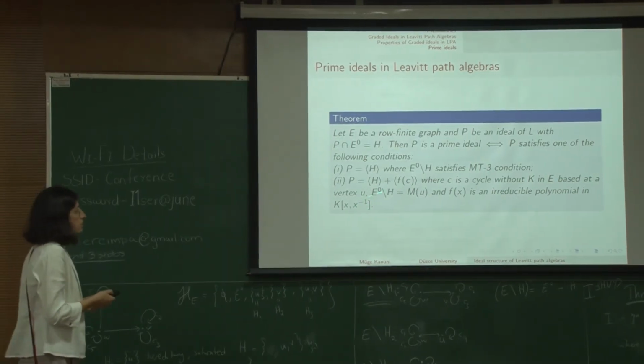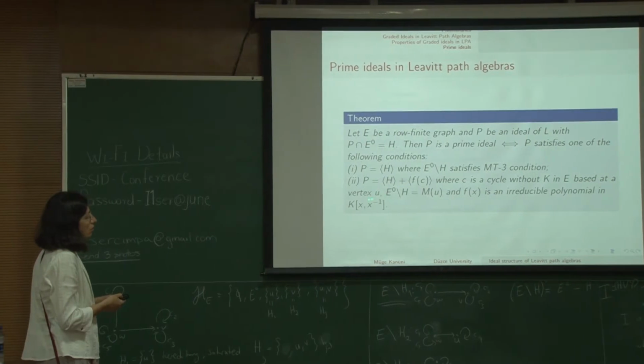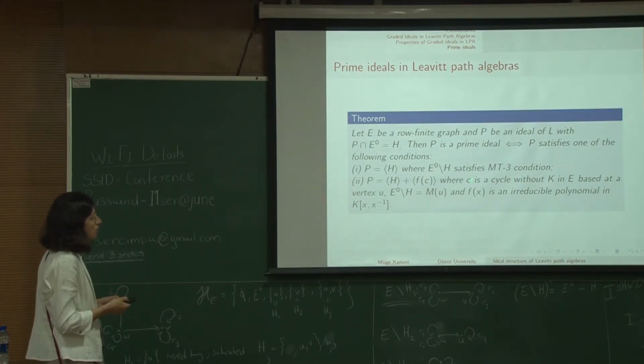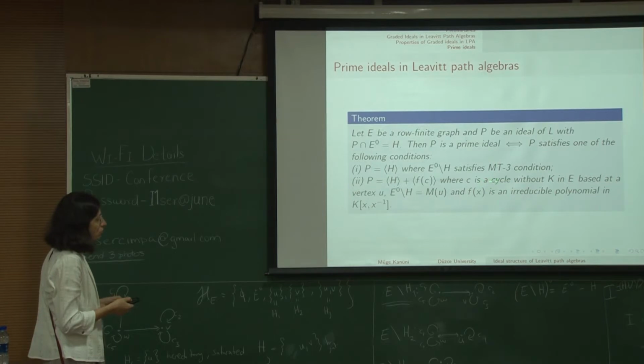Moreover, we want the quotient graph, the set of vertices of the quotient graph E^0 minus H, to be M_u. In other words, this vertex u is special because that is the base of the cycle without K, and the quotient graph is M_u.